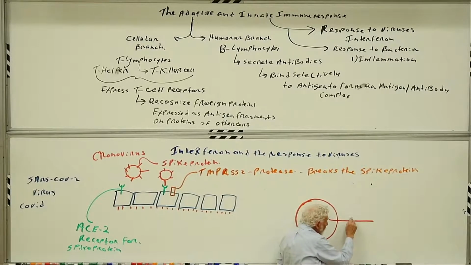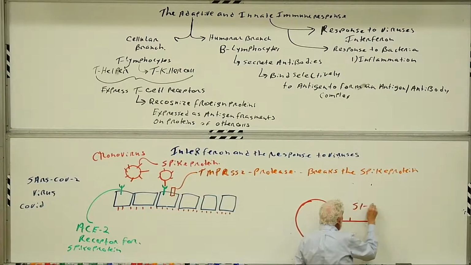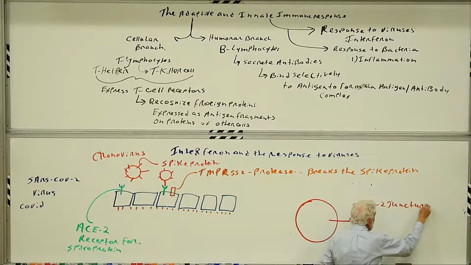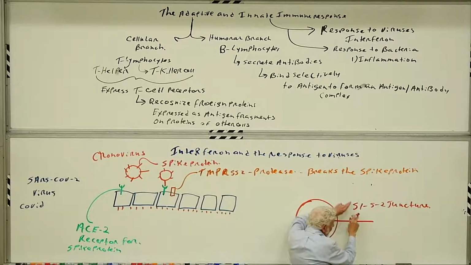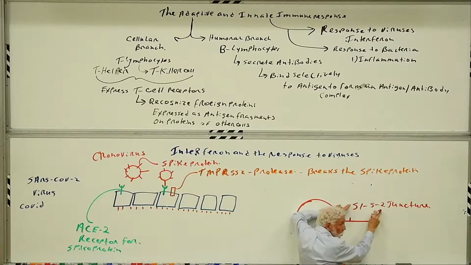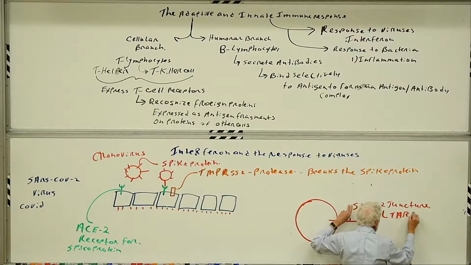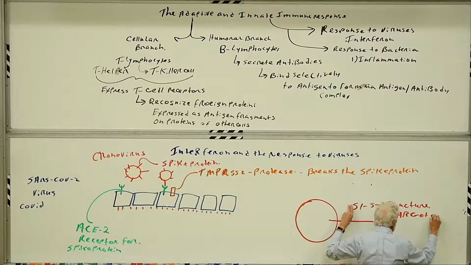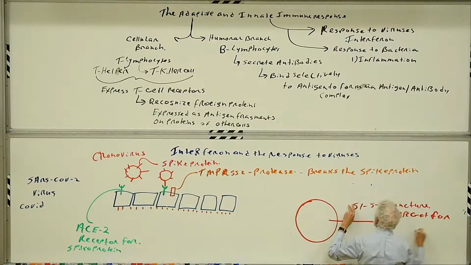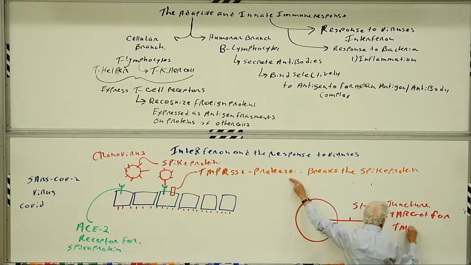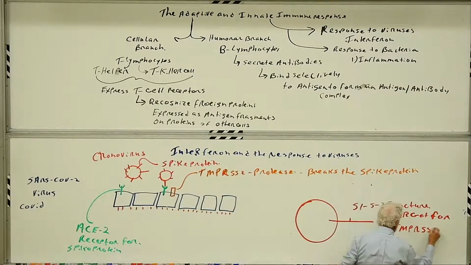And right in the middle of it, there's a juncture called the S1-S2 juncture. And it's this S1-S2 juncture which is the target for TMPRSS2.